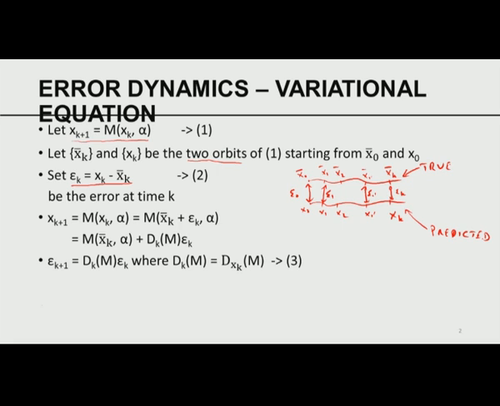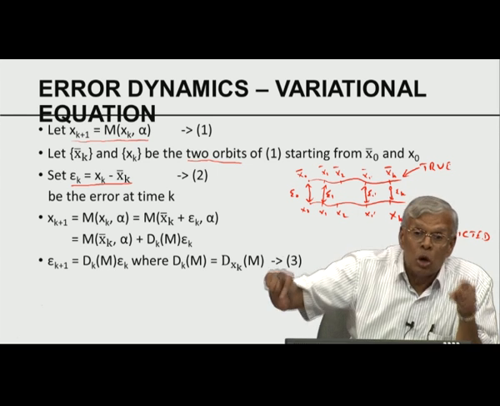So I would like to be able to now derive an equation for the evolution of epsilon based on the evolution of the true state as well as the predicted state. So what is it that one would expect? If the error in the initial condition is small, if the prediction at time k is closer to the true state, that means the error in the prediction at time k is also small.